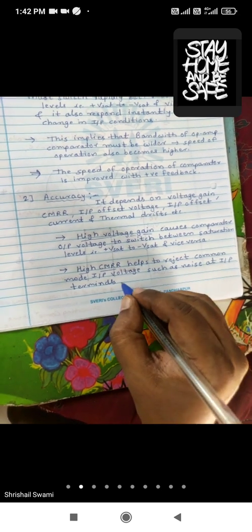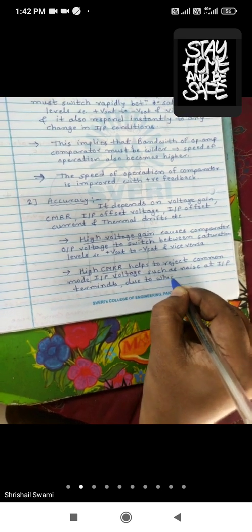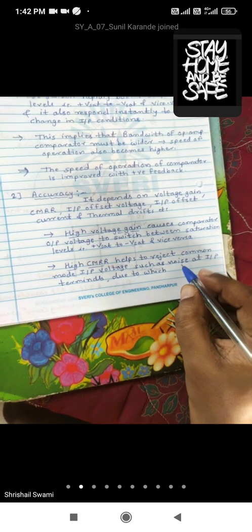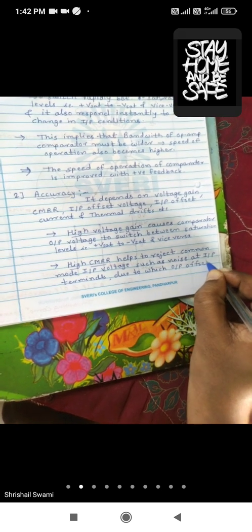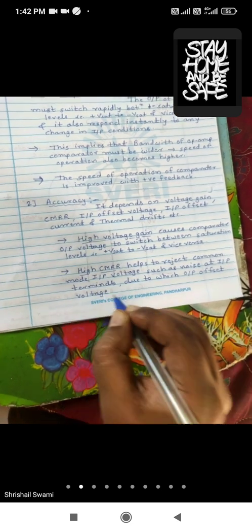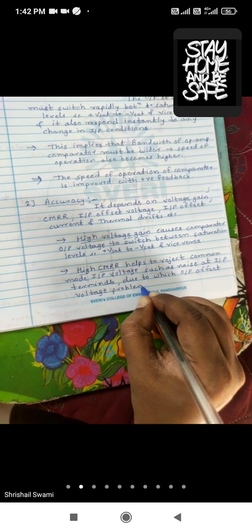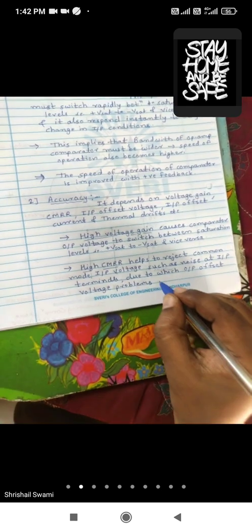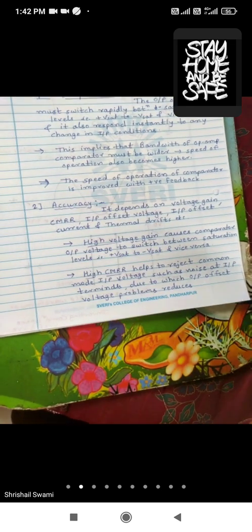Due to which the output offset voltage problems reduce, meaning the output offset voltage becomes smaller. Ideally it should be 0.